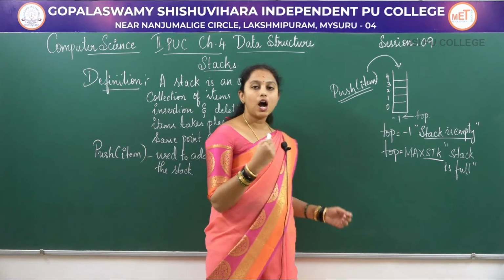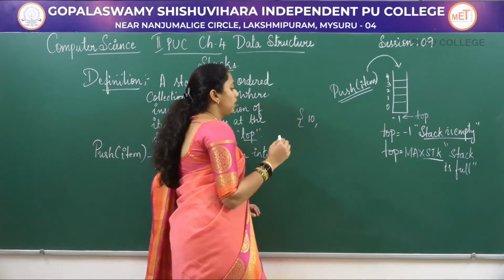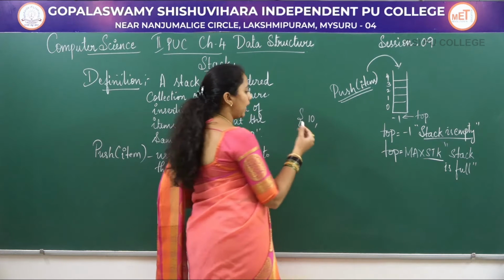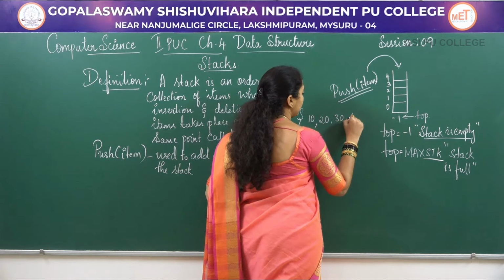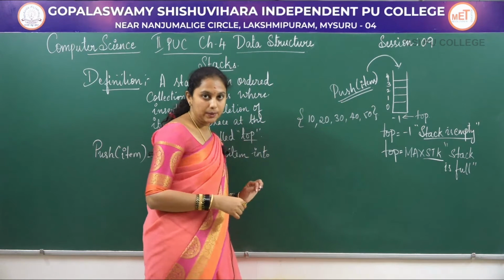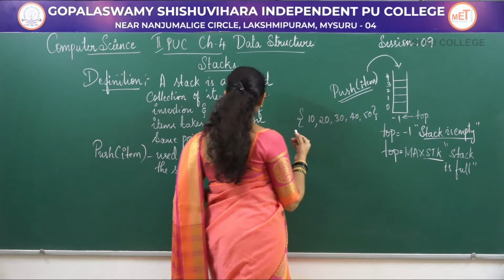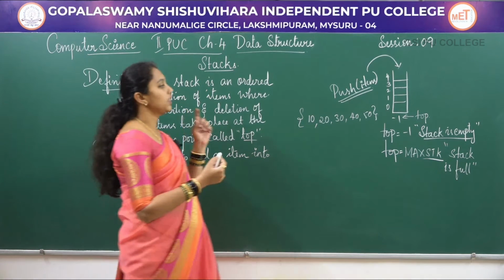Now let's see how to add items into the stack. For example, I want to add items like 10, 20, 30, 40 and 50 into the stack. Using push function, I am going to add the items.